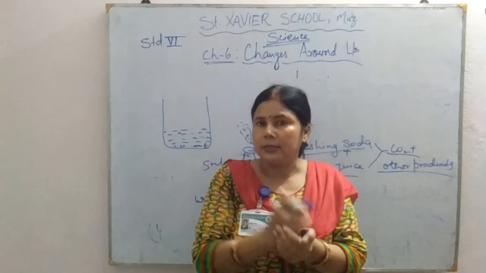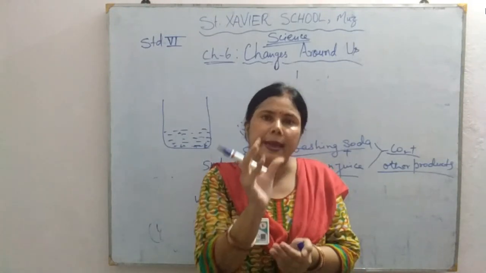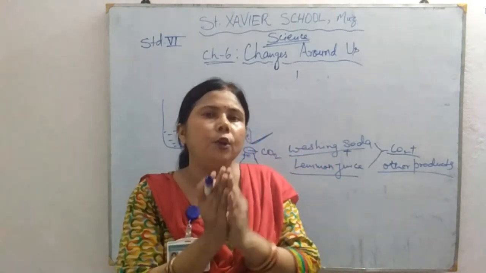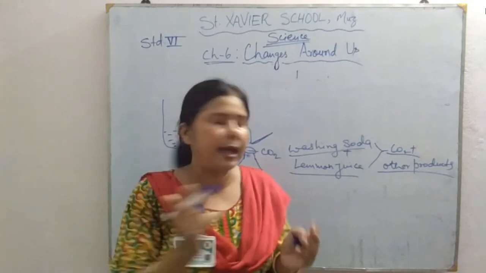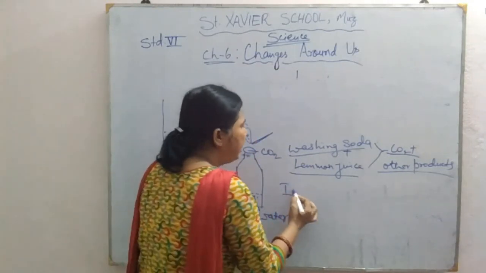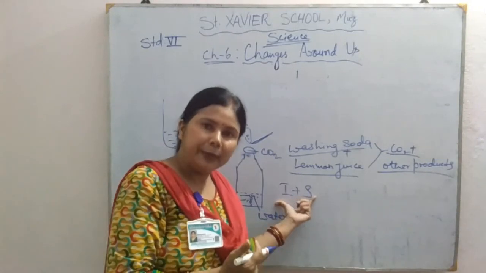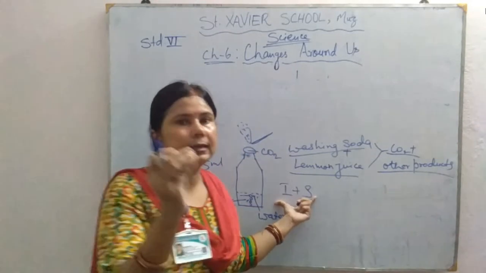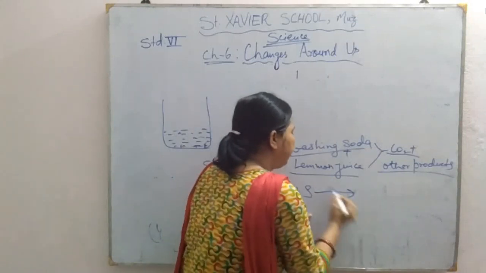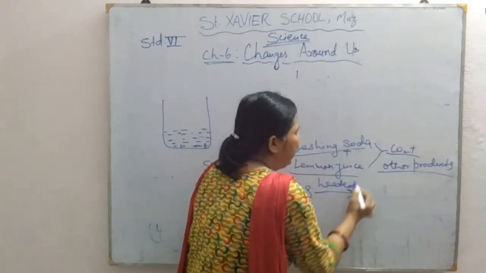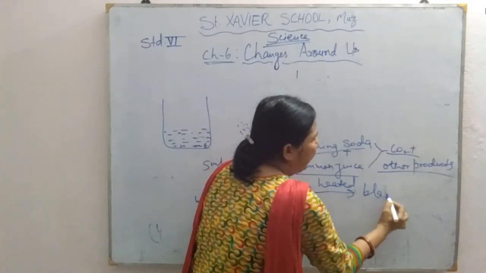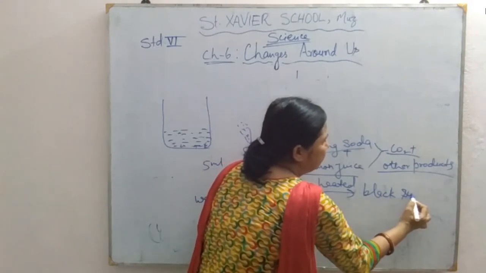Okay children? See, when you mix iron and sulfur, there will not be any chemical reaction. Iron and sulfur को जब मिलाएंगे, यहाँ पे कोई chemical reaction नहीं होगा. But when this mixture is heated, what happens? When it is heated, a black substance is formed.